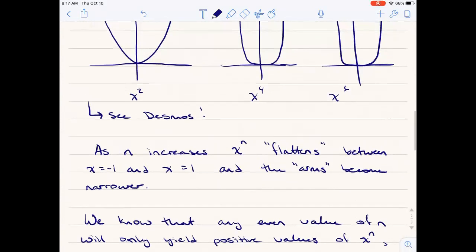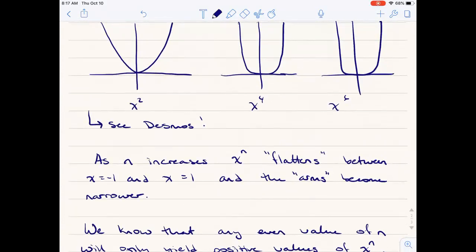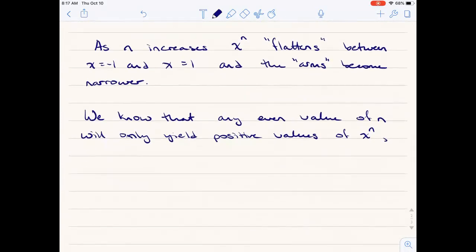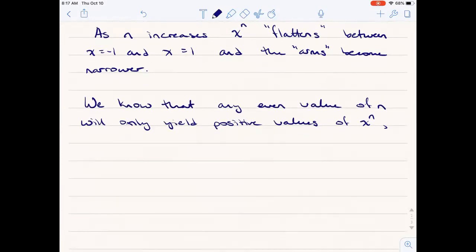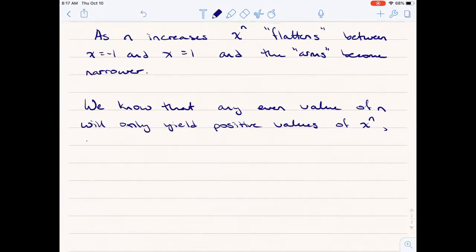And we can see that here from the graph. My really bad graphs. Wait till you see my odd power graph. So the range is inclusive of 0 all the way up to positive infinity.